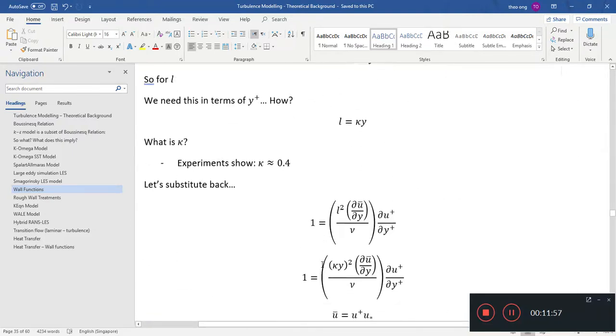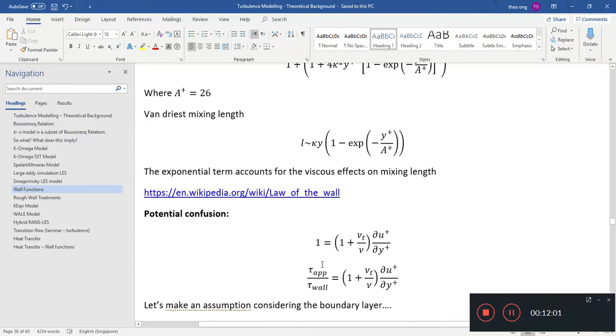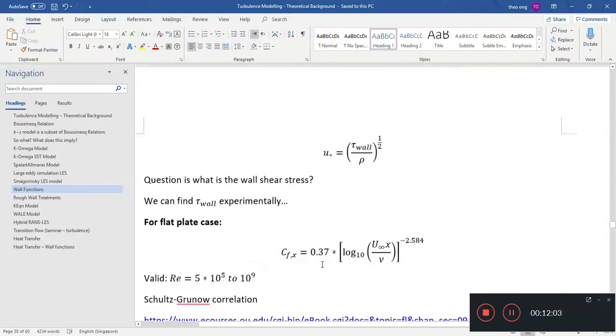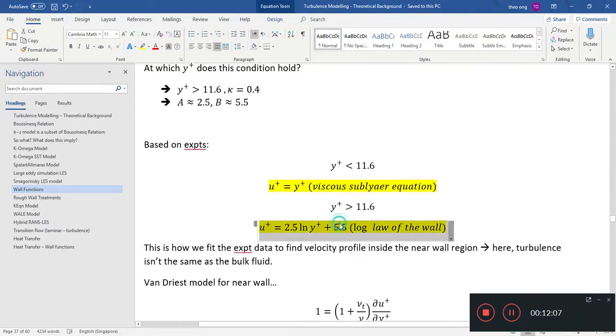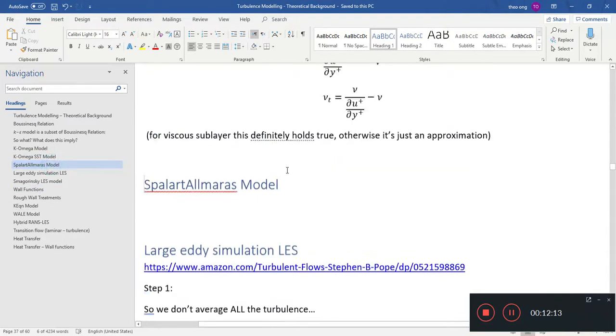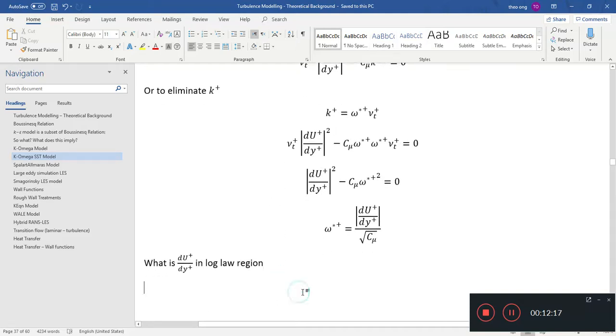Yeah, this is the wall function. We go to kOmegaSST, and there we go. This is the log law region.